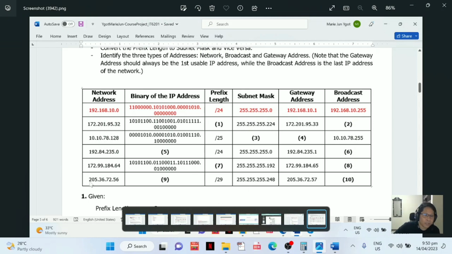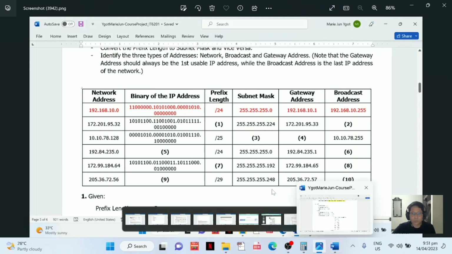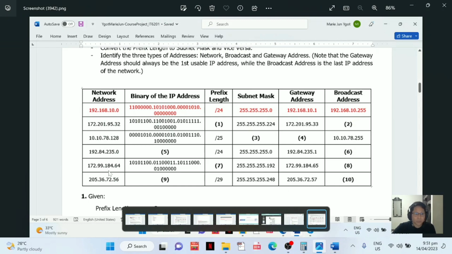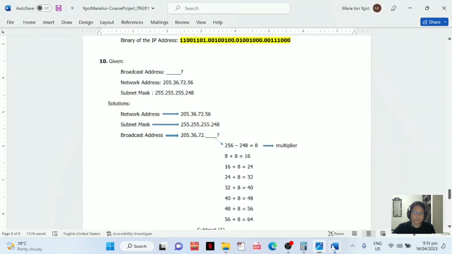So we have 205.36.72.56, and our subnet mask is 255.255.255.248. We are going to use these two in order to get our broadcast address.